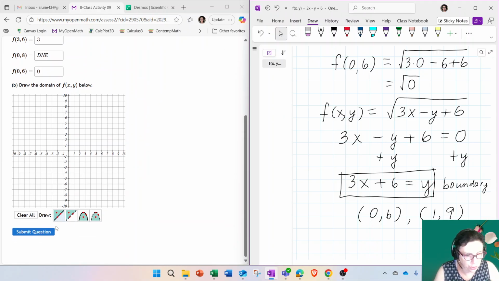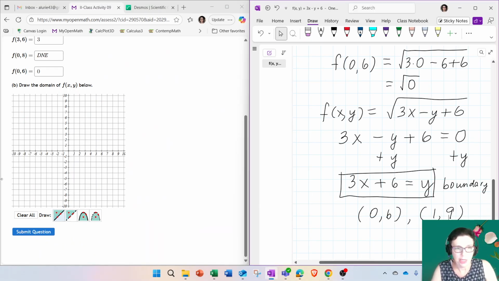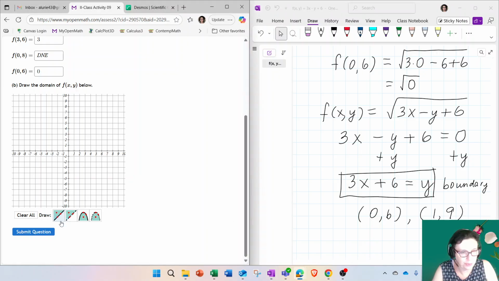So out of these two choices, if I see a square root, I'm going to pick the one that is solid boundary, not dashed. And so let me graph it. So I'm going to pick this one, which is picked by default. And let's take 0, 6. So that's 1 point. And then let's take 1, 9. That's another point. Okay, so I graphed the boundary.